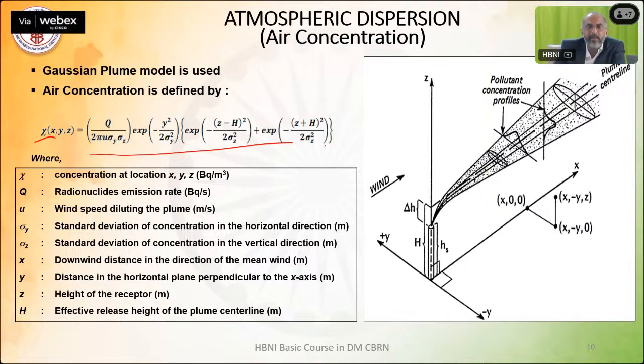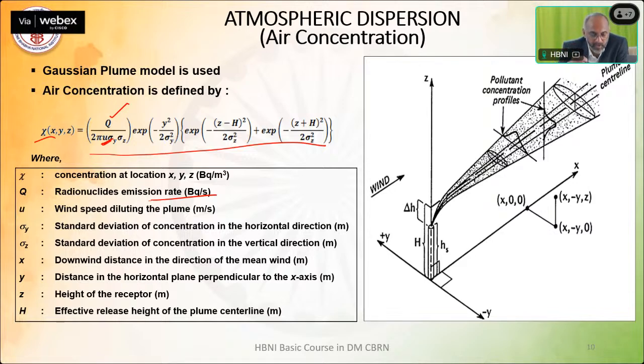The air concentration is estimated by an expression that is influenced by various parameters, right from the radionuclide emission rate, that is Q, and the wind speed diluting the plume. You should understand what aspects influence the calculation of air concentration.